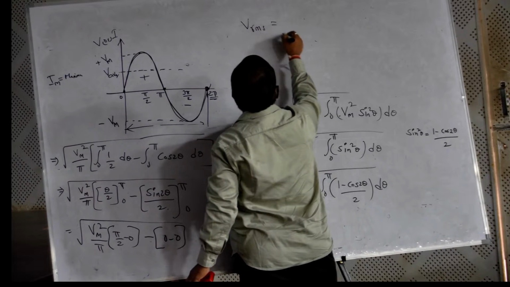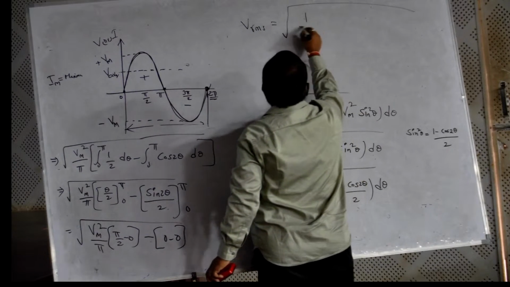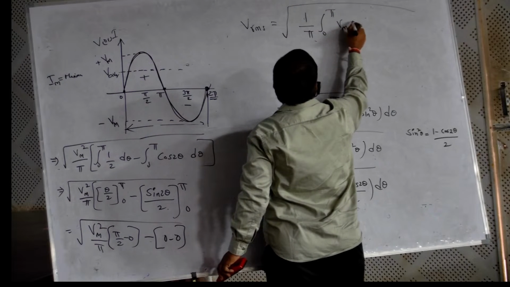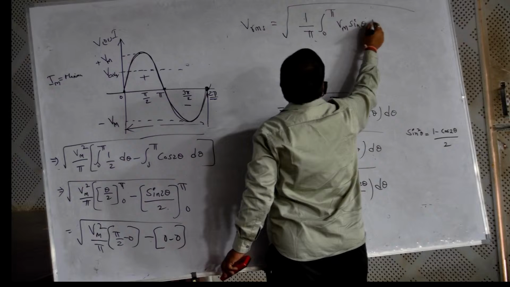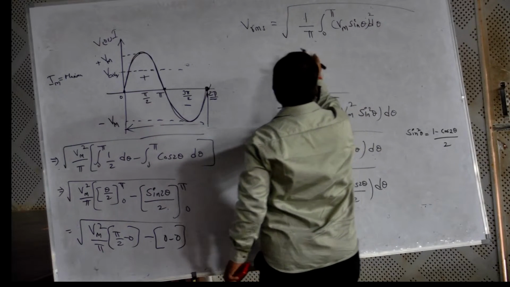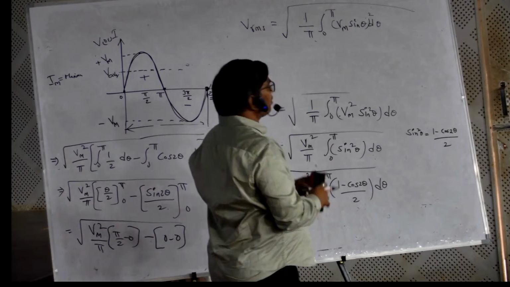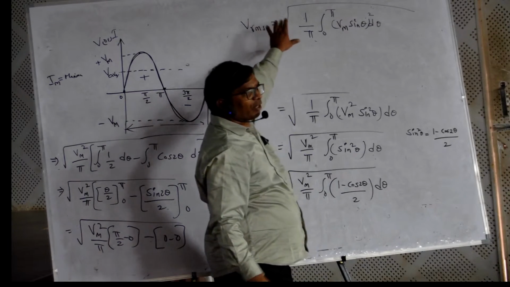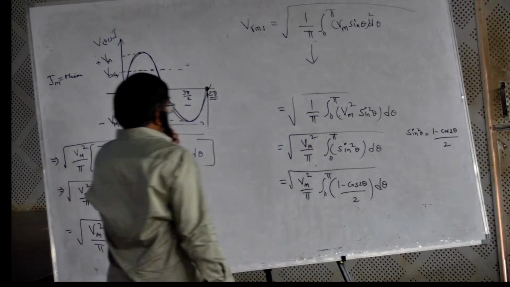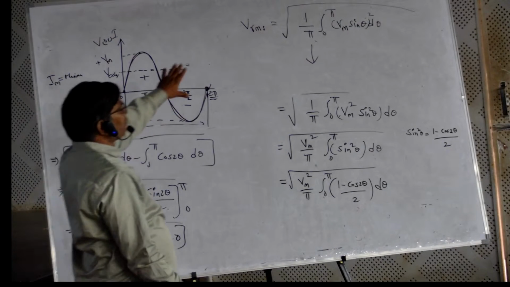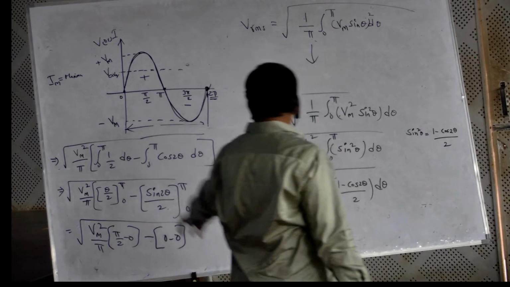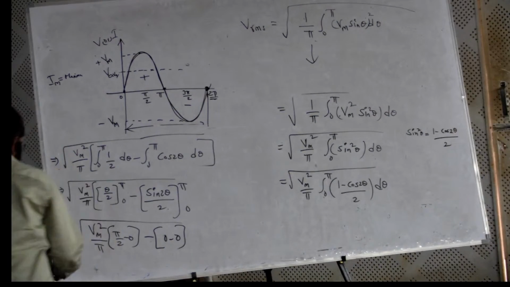Vrms is equal to under root of 1 by pi integral 0 to pi of Vm sin theta d theta whole square. Only one sentence I have removed, after this. RMS value of sine wave: after this you can write here also.